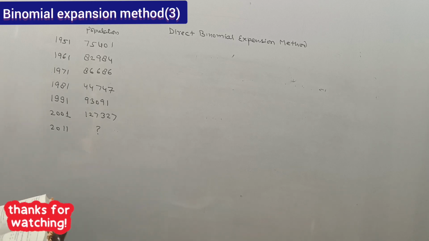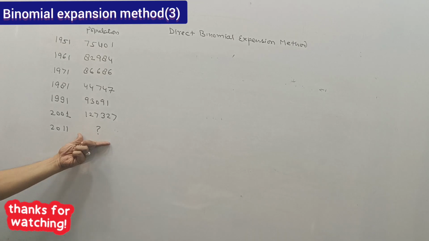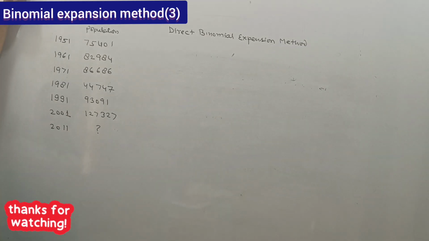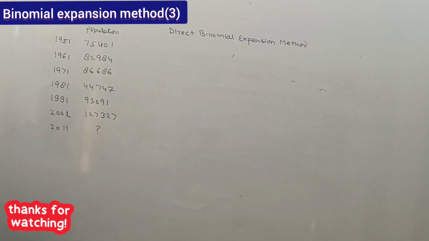Here the data of the population is given. In this case, we are to use extrapolation. Population of a city is given. In 1951 that was 75,401, then 82,984, then 86,686, then 44,747, then 93,091, then 127,327, and this one is missing.